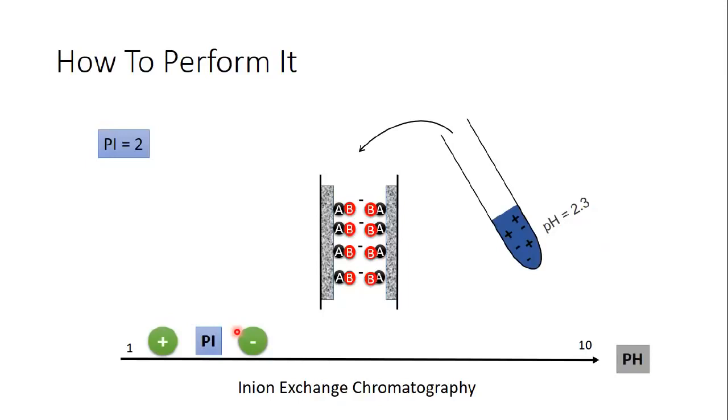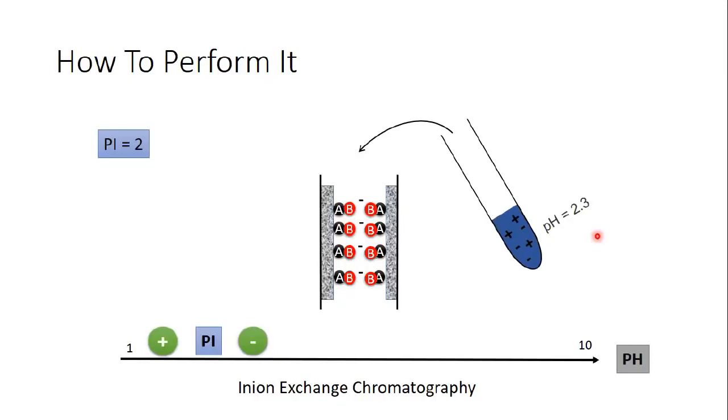But all the proteins which have a pI higher than 2.3, all the proteins which have pIs in this range, will be positively charged. Why? Because for all the proteins which have a pI higher than 2.3, the pH of the solution will be lower than their pIs, and then they will be positively charged.